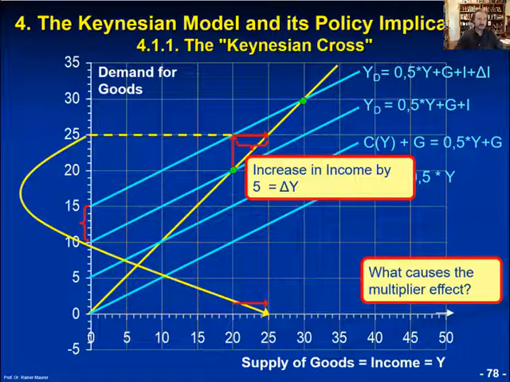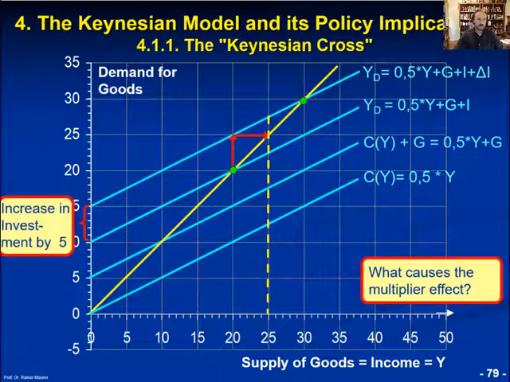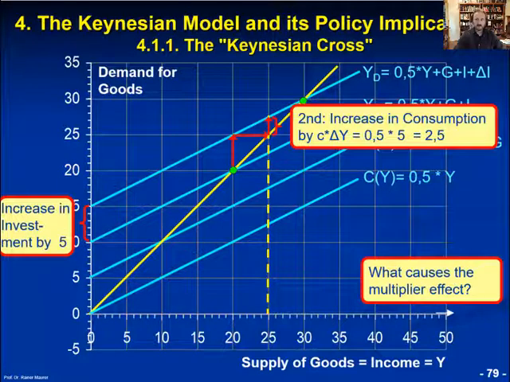An increase of household income by 5 units causes an increase of household consumption by 2.5 units. Since the consumption ratio of 50% times the increase of income of 5 results in an increase in consumption demand equal to 2.5. So we have here an increase equal to the length of half such a little quad, and that means 2.5 units.